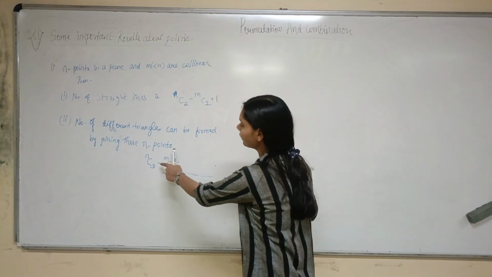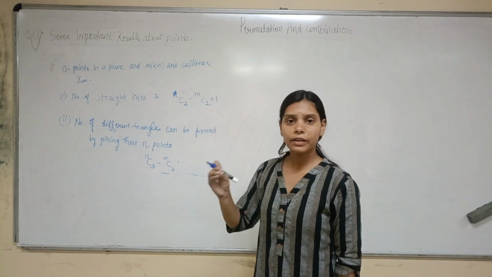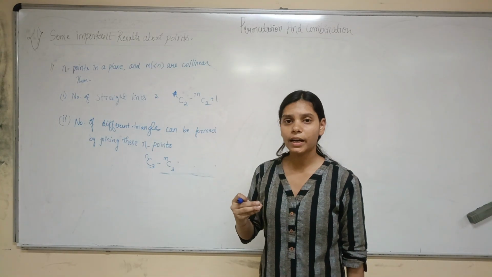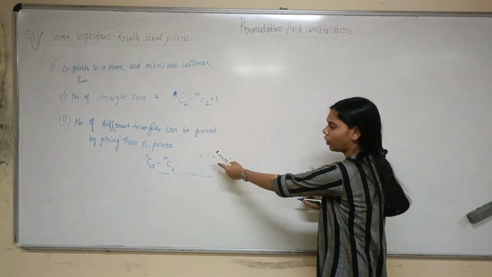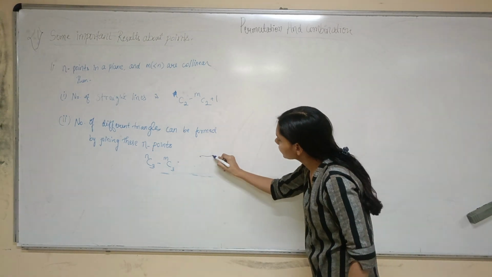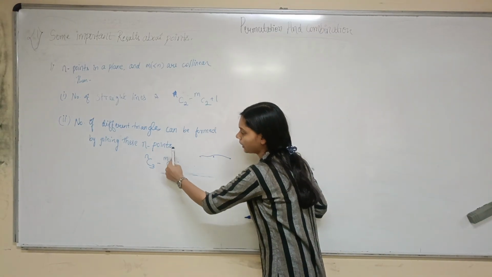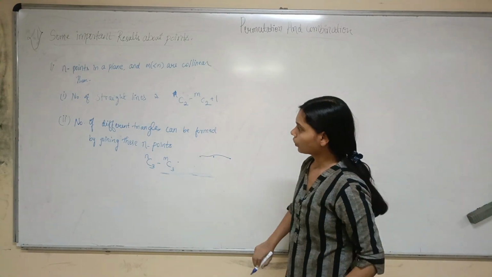Okay. So why do we subtract mC3? Because if the points are collinear, then we cannot form a triangle. You understand? Suppose these are 3 points. We cannot form any triangle by using these 3 points. We form only a straight line, not a triangle. That's why we subtract mC3 here. Clear? Okay.